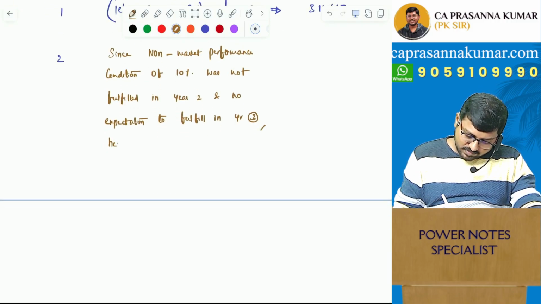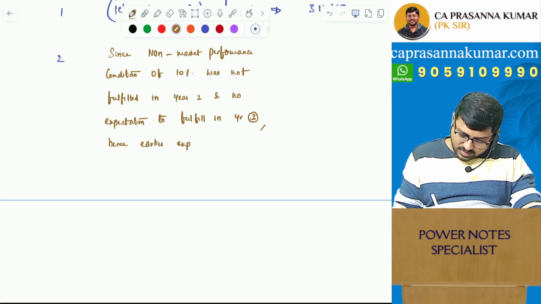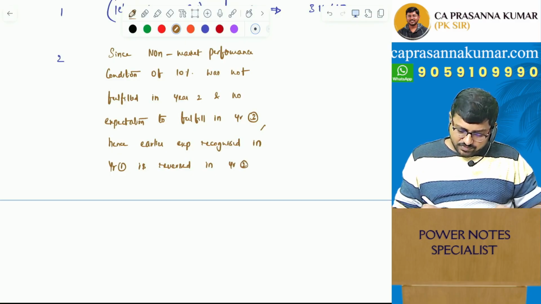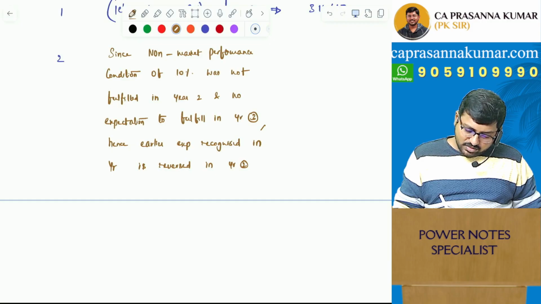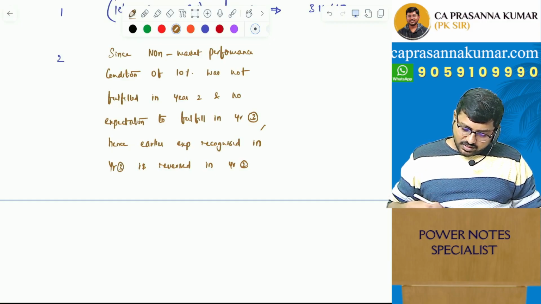Hence, earlier expense recognized in year 1 is reversed in year 2. So you're not expecting that it will be vesting in year 3 as well. Correct?